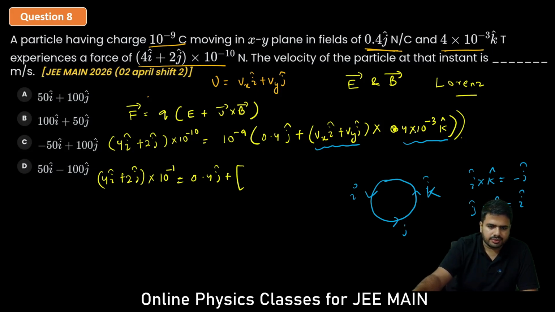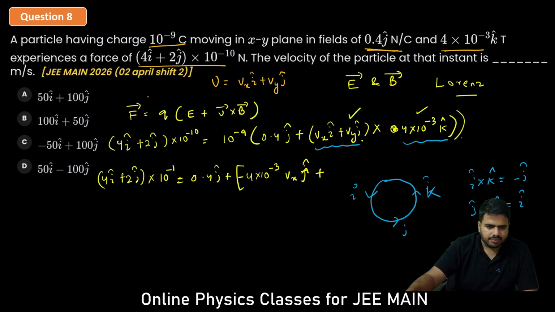here if you do the cross product, Vx i cap with 4 into 10 to the power minus 3 k cap, i cap cross k cap, as we have done, gives minus j cap. So here I am writing minus j cap. Then plus again Vy j cap with k cap, I'll do the cross product.